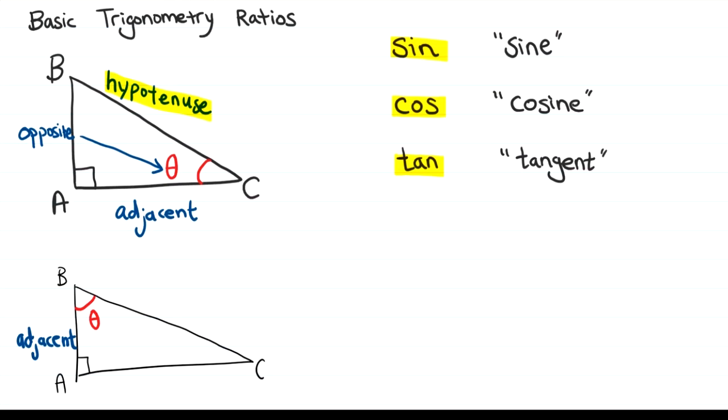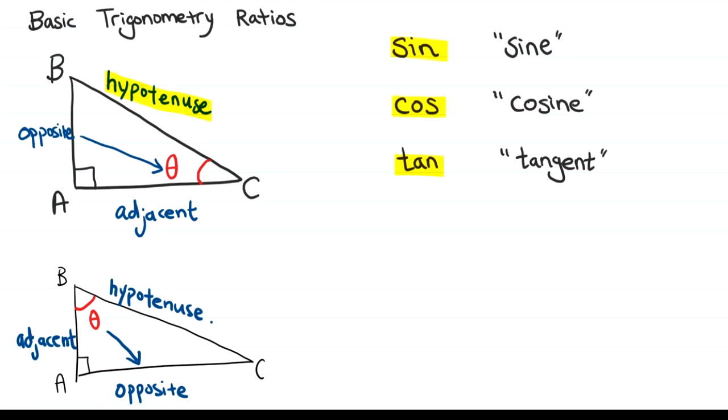And now the opposite is the side AC. And once again, the longest side is always the hypotenuse. So just make sure you are aware of which angle you're looking at to come up with the ratios for the right triangle.